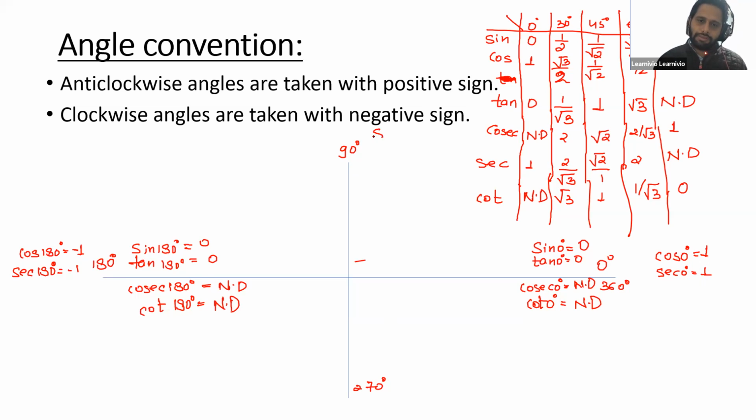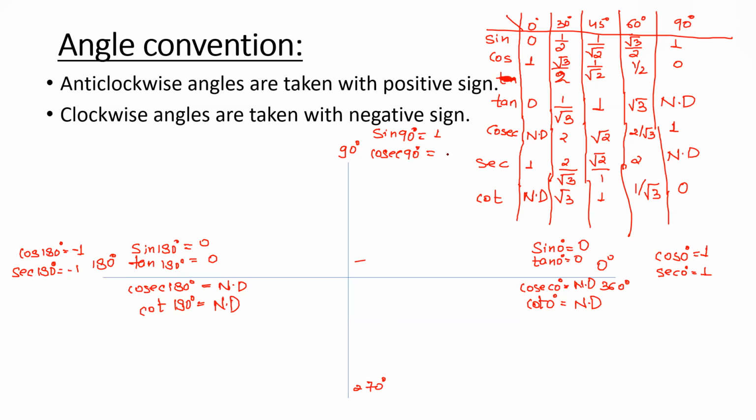So for example, if you check sine 90, what is sine 90? 1. Very good. What is cosec 90? 1. Very good. Both, is this clear? Yes, sir. If I find the value of sine 270, what will it be? -1.